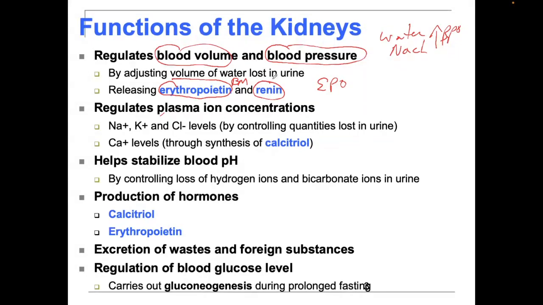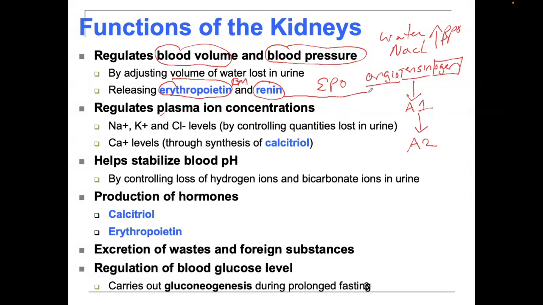Renin is the hormone that is responsible for converting angiotensinogen. Remember, anything that ends in -ogen is inactive. Angio means blood vessel. Tensin sounds like tension. It has something to do with blood pressure, but it's inactive because it's got an -ogen at the end. So angiotensinogen can be converted into angiotensin 1, and then angiotensin 1 can be converted into angiotensin 2.